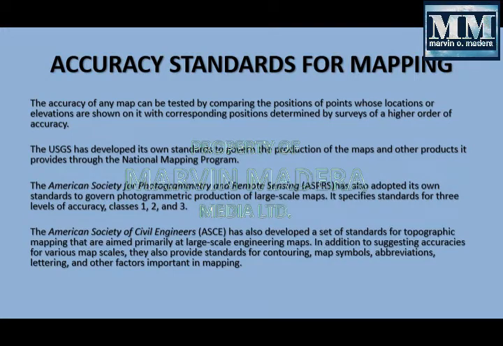The American Society of Civil Engineers has also developed a set of standards for topographic mapping that are aimed primarily at large-scale engineering maps, in addition to suggesting accuracies for various map scales. They also provide standards for contouring, map symbols, abbreviations, lettering, and other factors important in mapping.